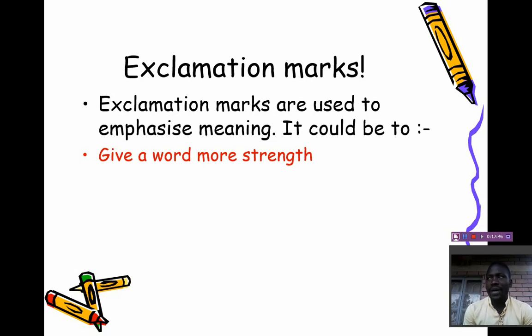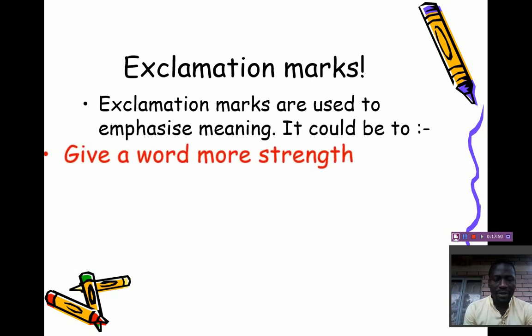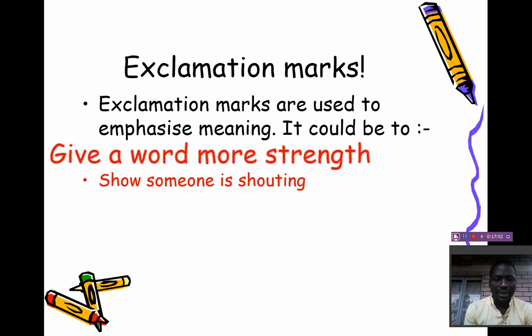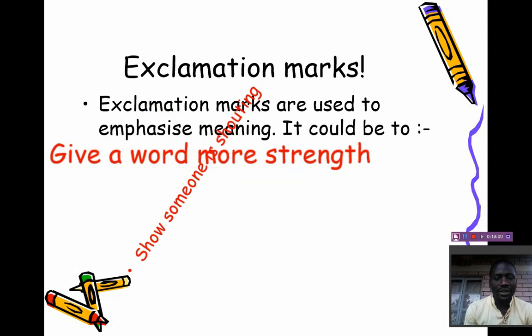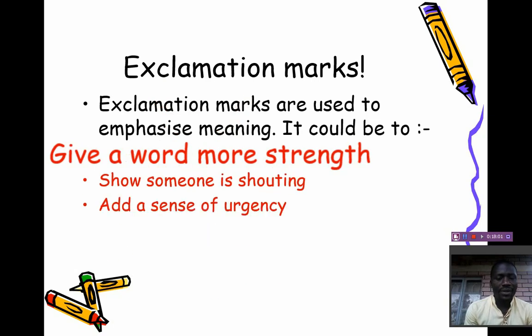If you're giving a word more strength, we use exclamation marks. Showing someone is shouting: if someone is shouting, we also use exclamation marks. Adding a sense of urgency, to show that something is really urgent and needed, most often we use exclamation marks.